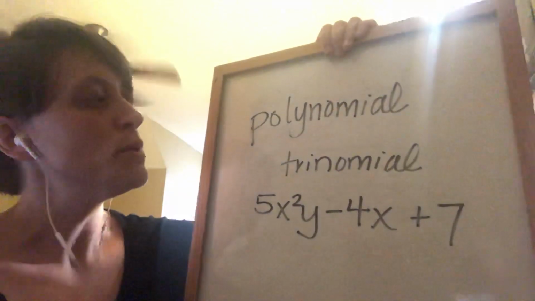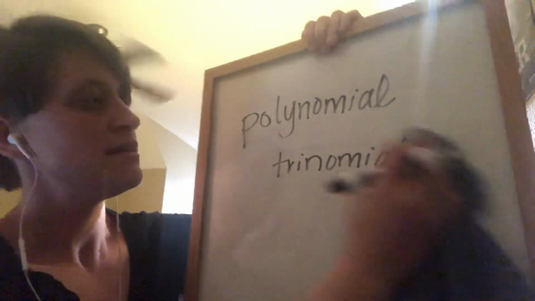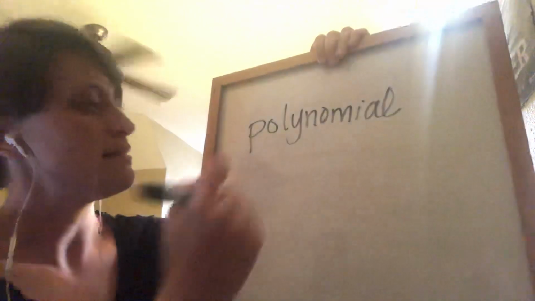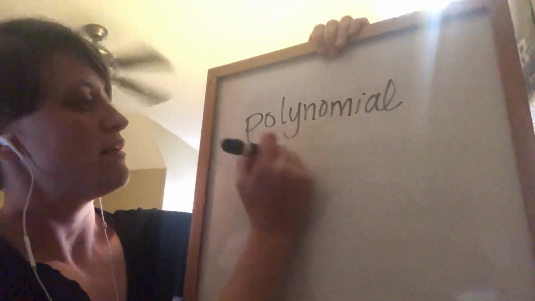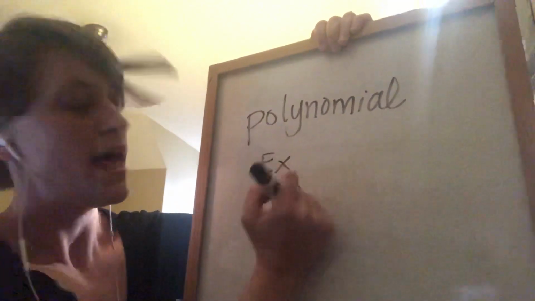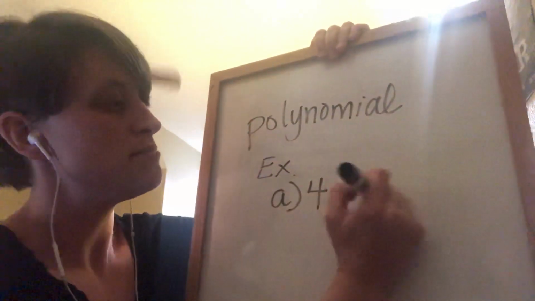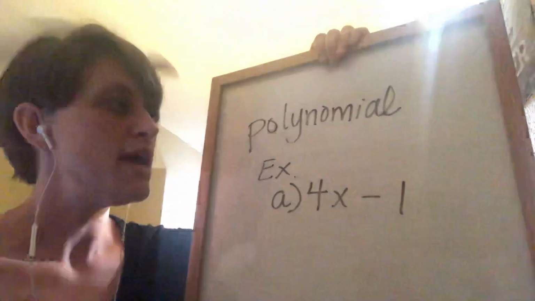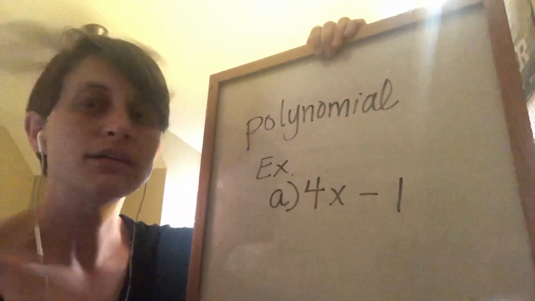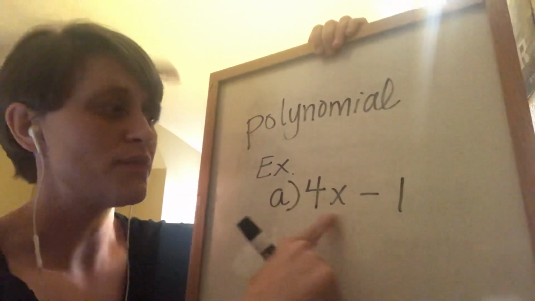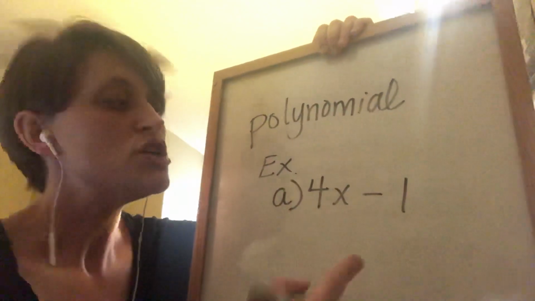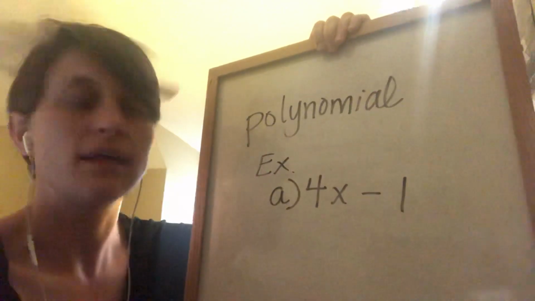All right, so if we want to just classify these, that's the next part of the lesson. As an example, something that looks like 4x minus 1. If we wanted to classify that polynomial, we would just count the number of terms that are in it. So the number of terms separated by a plus or minus.